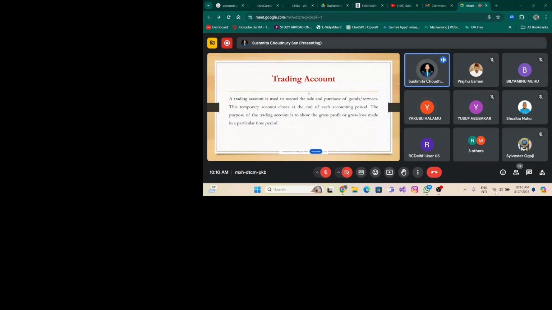So trading account is the record of all direct incomes and direct expenditures. Let's understand it in a way that, let's say I am having a manufacturing unit which prepares pens and pencils. Now, if that is my business, I need to buy material to make pens and pencils.